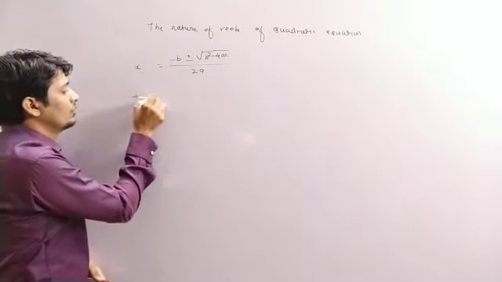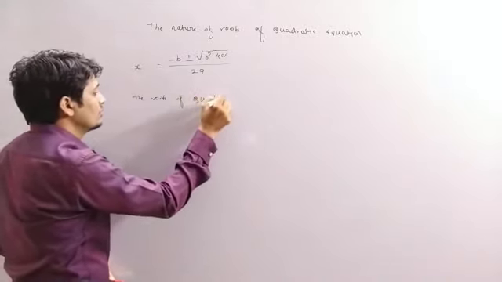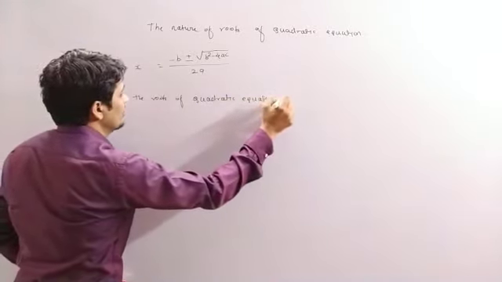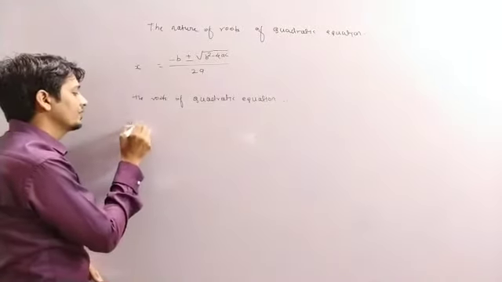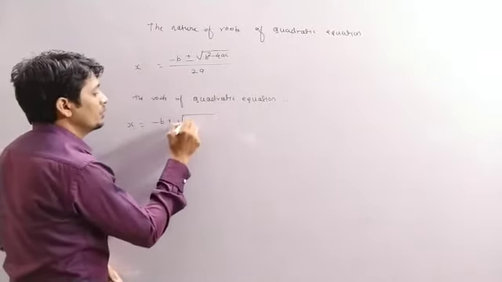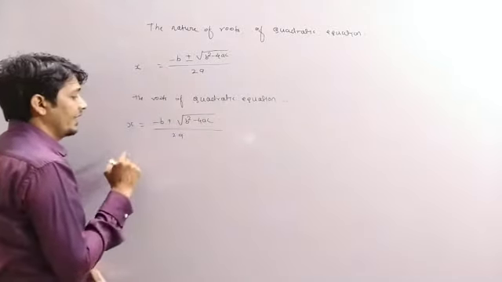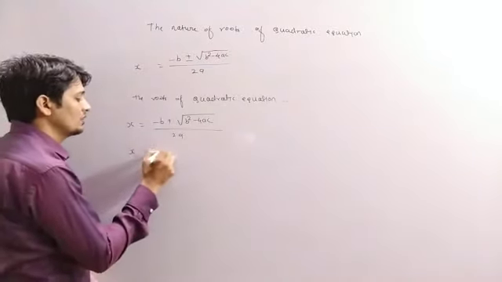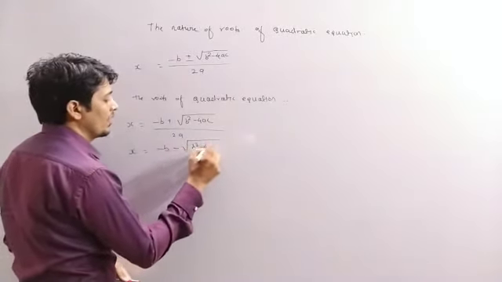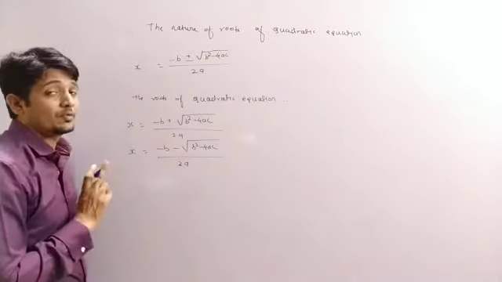Therefore, the roots of the quadratic equation will be x equals minus b plus root b square minus 4ac divided by 2a, and another root will be x equals minus b minus root b square minus 4ac divided by 2a. So these are the two roots of the quadratic equation.